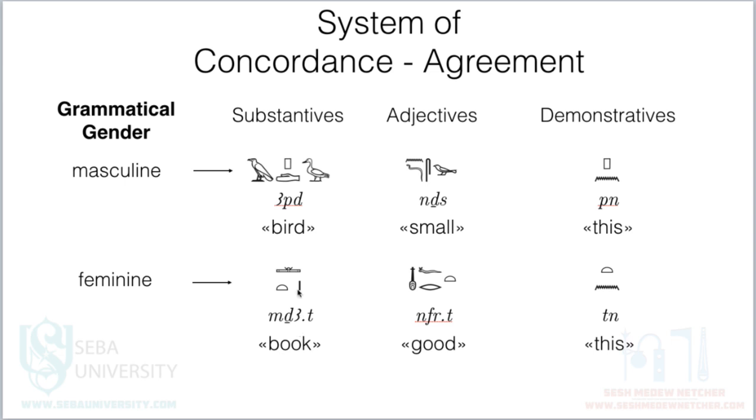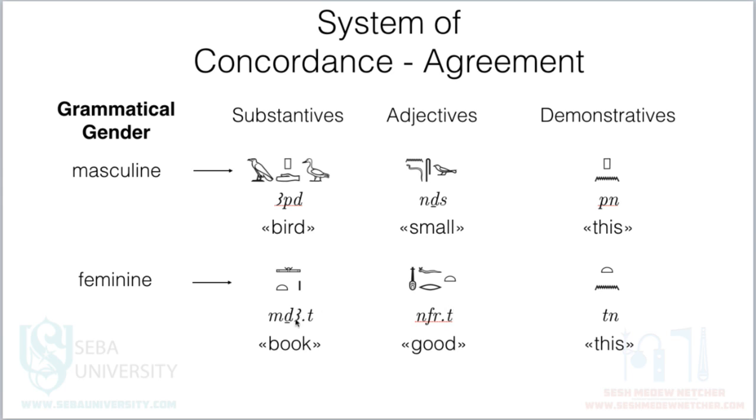So it's the word for papyrus, but today we would call it a book. Now, if I want to describe this book as a good book, I would have to say neferet with this bread loaf again, because this word is feminine, so the adjective, the constituent, has to be feminine.